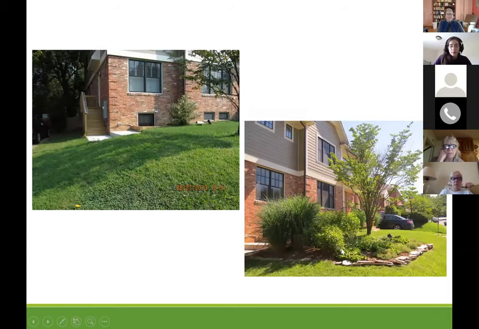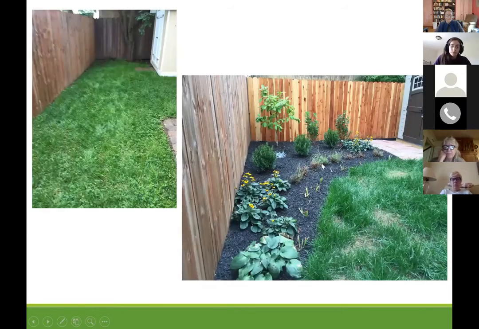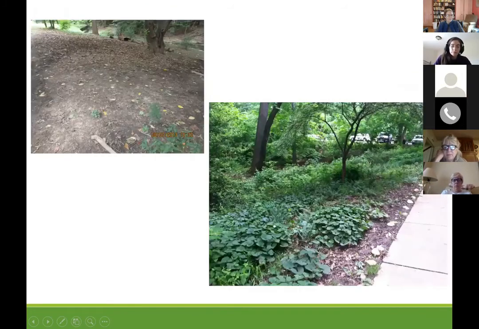Again, a couple more examples of the beauty of the use of native plants. And another example. Again, heavy shade. We talked about turf grass not growing really well in heavy shade. Looks like lots of wild ginger was used here in the foreground, and I'm sure different types of ferns as well.